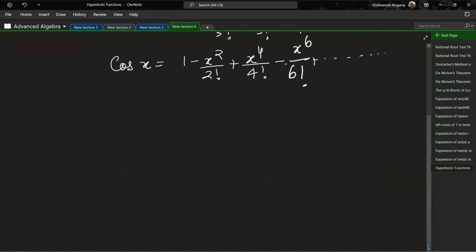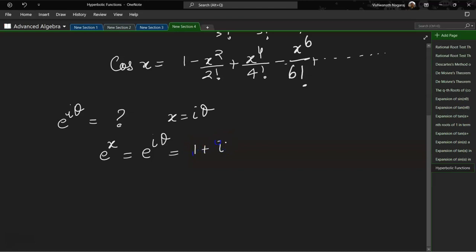Now, another thing that we need to know is what is e to the power of i theta equal to? Now, we already know e to the power of x, right? So let's say x is equal to i theta. In that case, e to the power of x will become e to the power of i theta equal to, and we use the same series, substitute x by i theta.